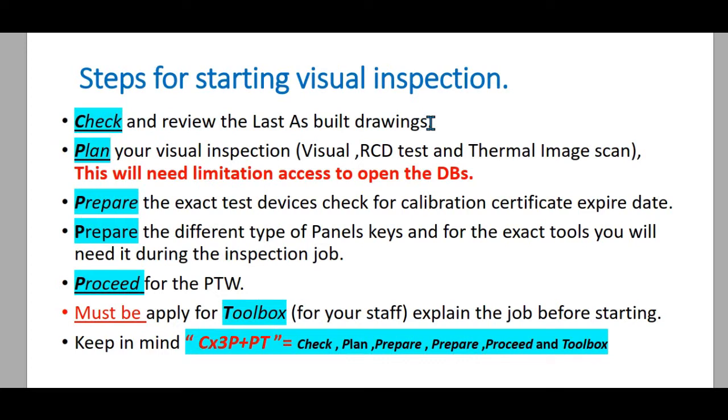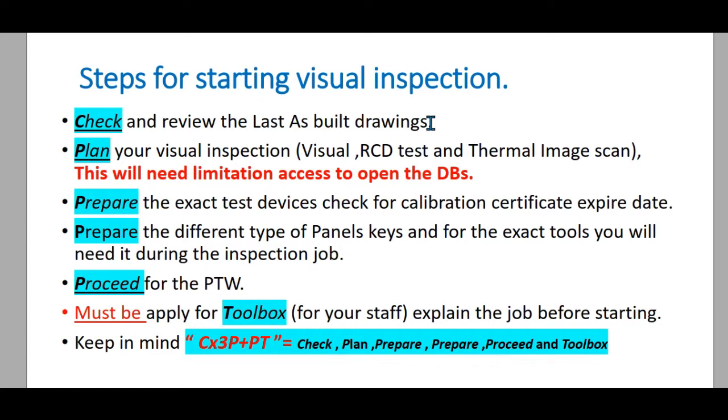But if you are going to do the RCD test, in this case we have another type of permit, which gives us the permission to trip and return the main circuit breaker on and off during our RCD test.